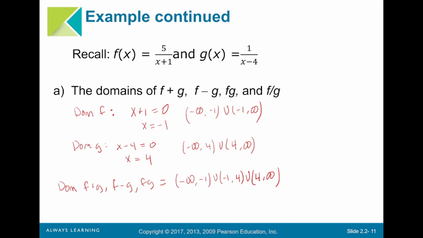And then when we think about f divided by g, we just want to know when g equals 0. So for the domain of f over g, does g itself equal 0? Let me say g of x, g of x equals 0.